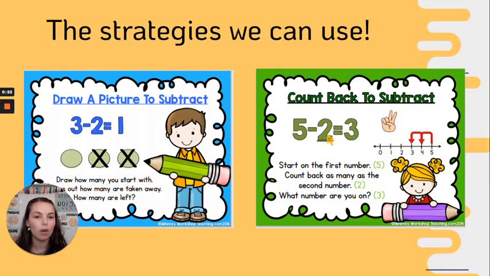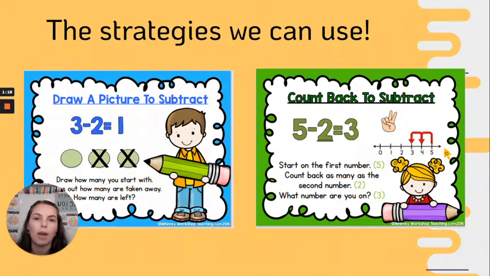So if I'm taking away 2, I start on the first number, and 1 jump, 2 jumps. So I know it looks like we landed on 1, 2, 3, but we're counting the hops that it takes. So we start on 5, and I'm going to jump once and again twice.